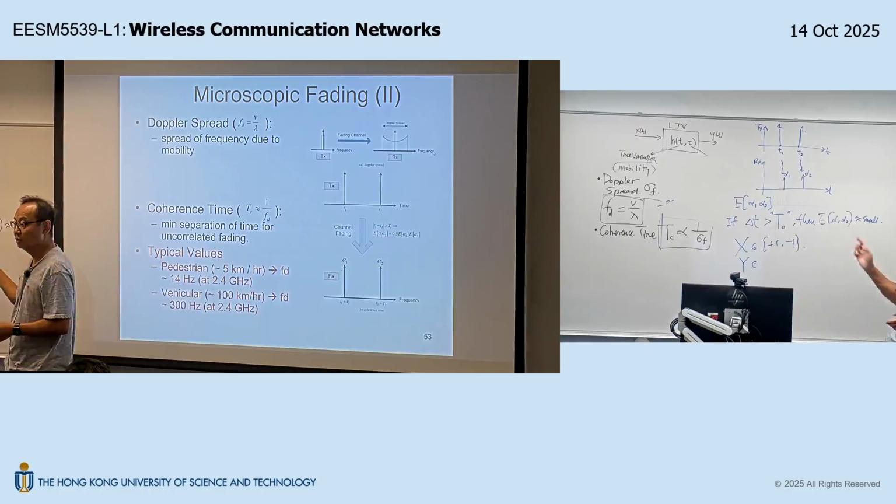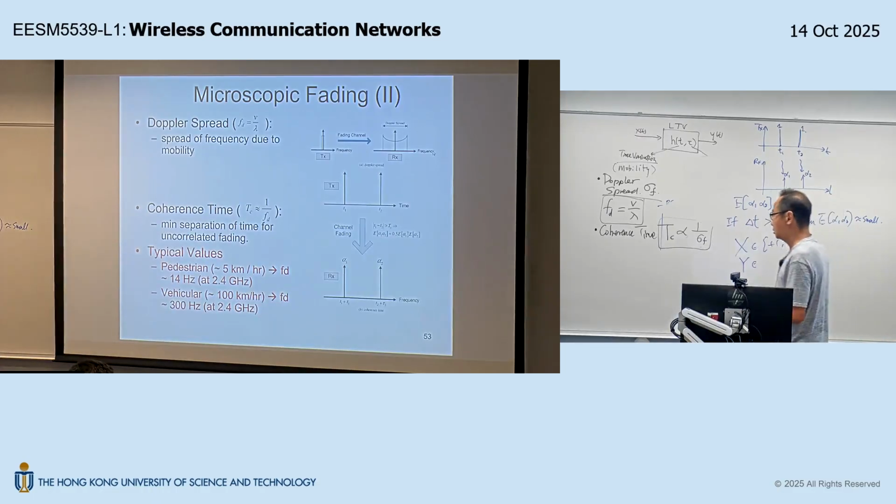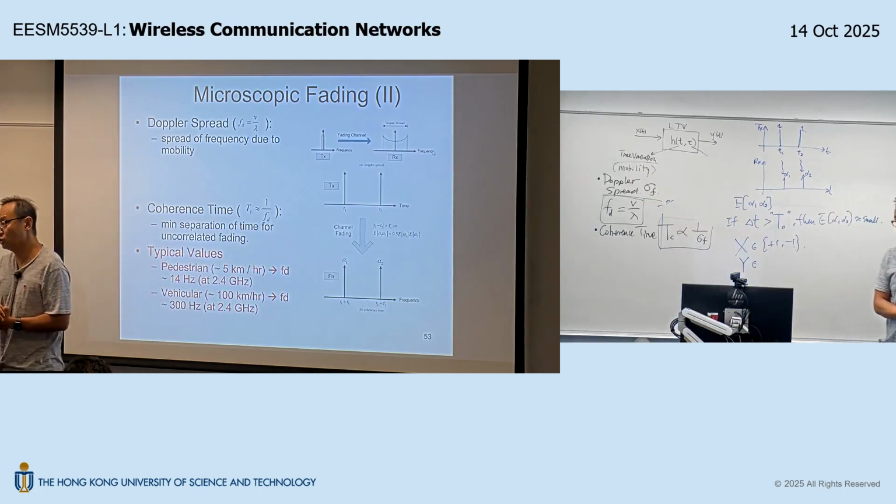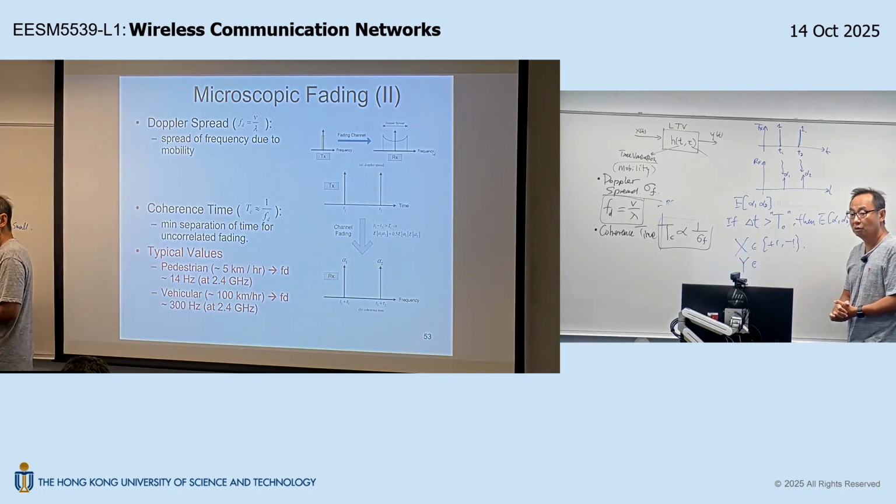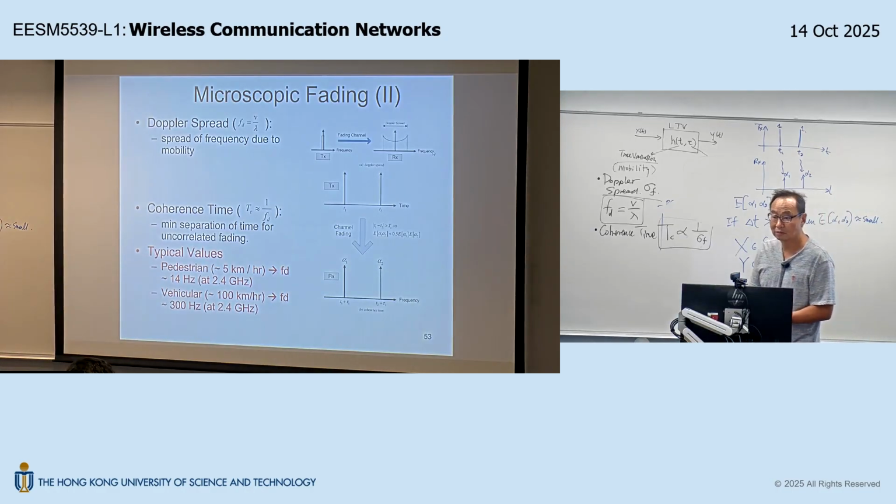Is that okay? So that's the effect. And once again, although I introduced two numbers, you only have one freedom: this time variation driven by mobility. Mobility refers to mobility of the mobile or mobility of the scheduler.